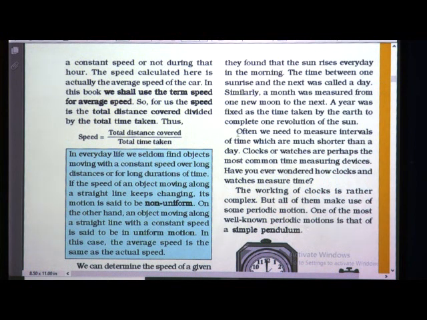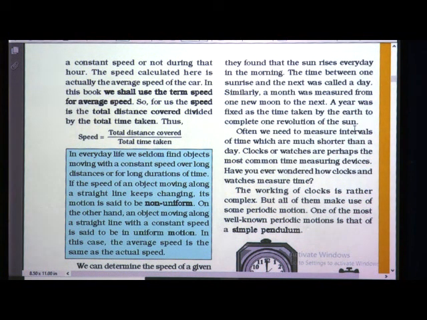Then a year was fixed as the time taken by the earth to complete one revolution of the sun. Day by day they were observing and experiencing all these things, and after some time they came to know that the earth revolves around the sun and also rotates around itself.